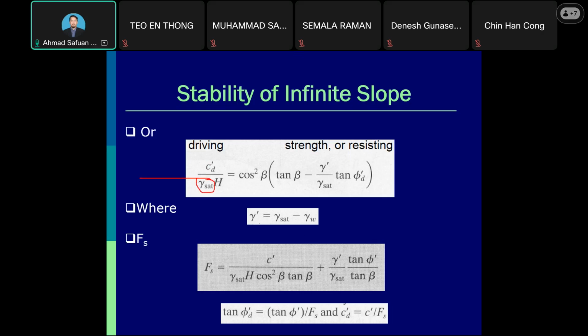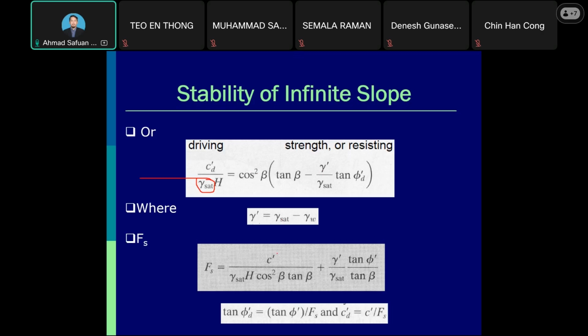So we will not use the effective unit weight for the driving. While this is for the strength, we have cos square beta times tangent beta minus gamma prime over gamma saturated tangent phi D. The effective unit weight is equal to the saturated unit weight minus gamma w. That is the derivation for the effective unit weight.